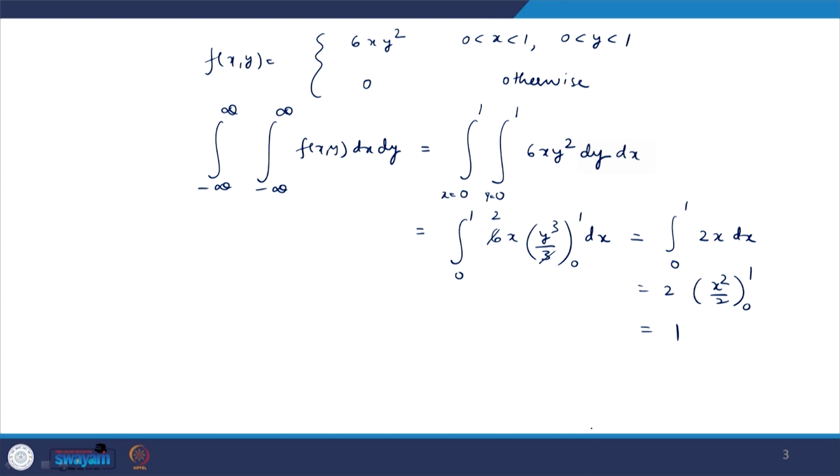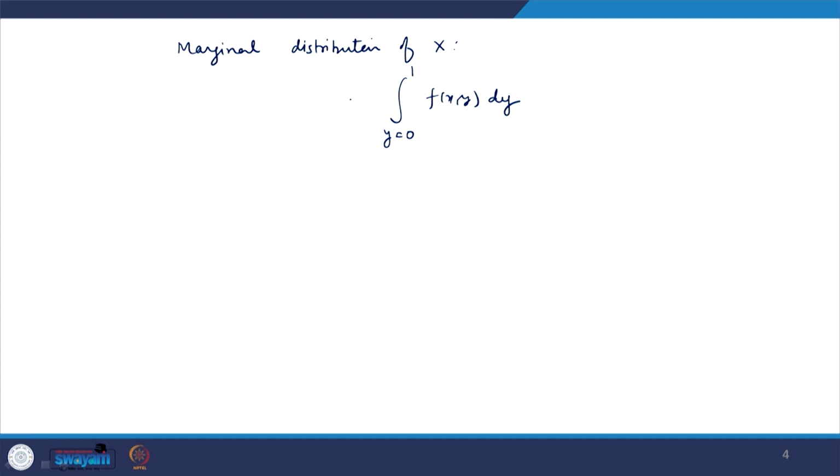Now, we want to compute the marginal distribution of x and y. So, let us compute the marginal distribution of x first. We integrate this f(x, y) over dy, and y is varying from 0 to 1 because it is a continuous function.